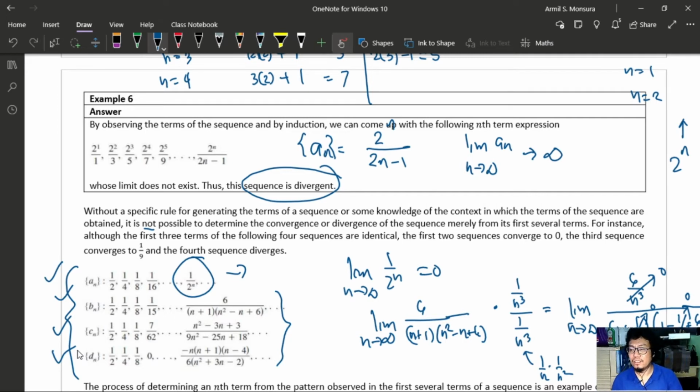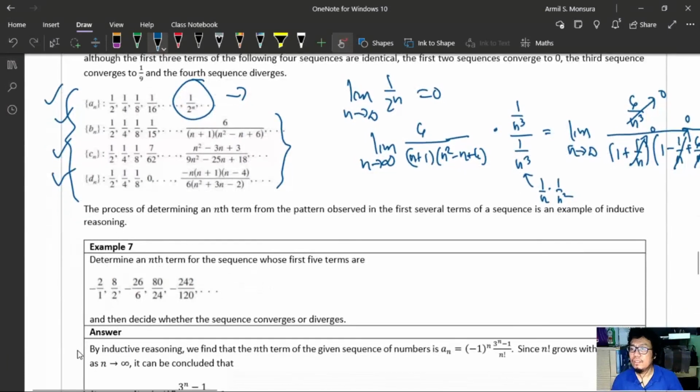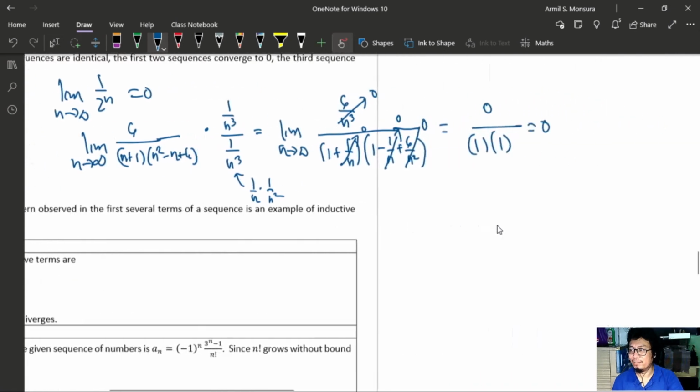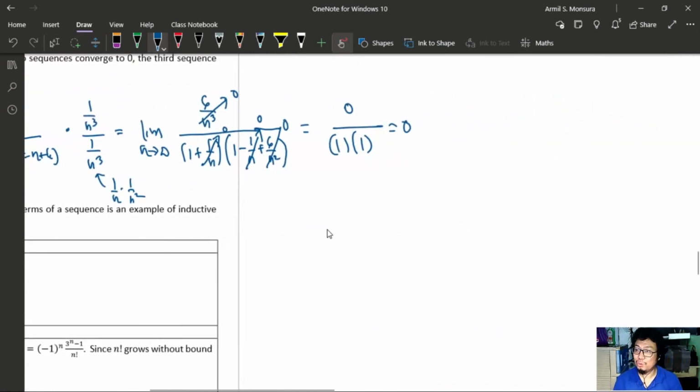So the process of determining an nth term from the pattern observed in the first several terms of a sequence is an example of inductive reasoning. I have already mentioned to you before that in mathematics, to arrive at an answer, we use either inductive reasoning or deductive reasoning.